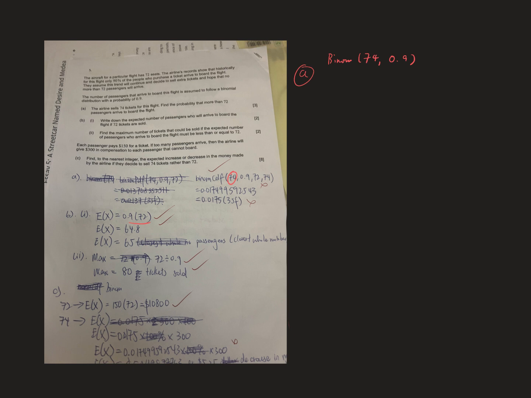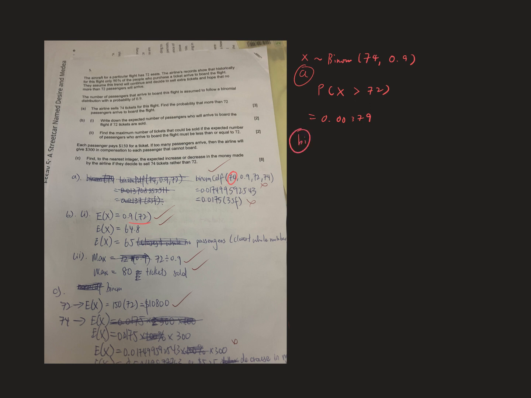So this is the binomial random variable X, and we want X greater than 72, which gives us the answer of 0.00379. This is part A.